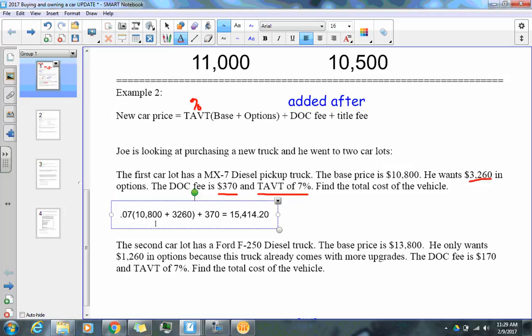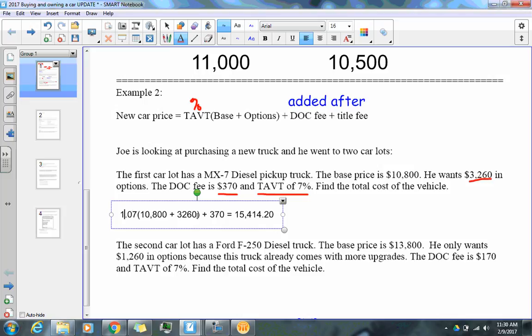I need to go back to my first unit and put a 1 right there. If I put a 1 in front of the percentage, hopefully you remember this, then when I multiply by 1.07 versus 0.07, the base price of the car as well as the options, when multiplied by 7%, also gets added back.